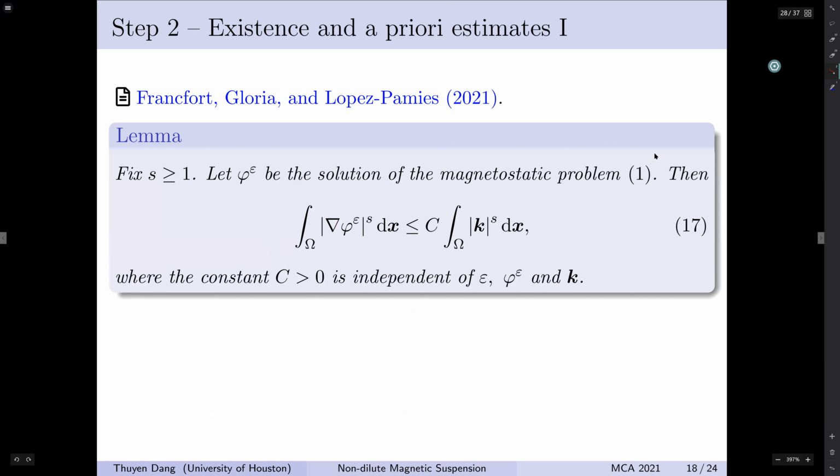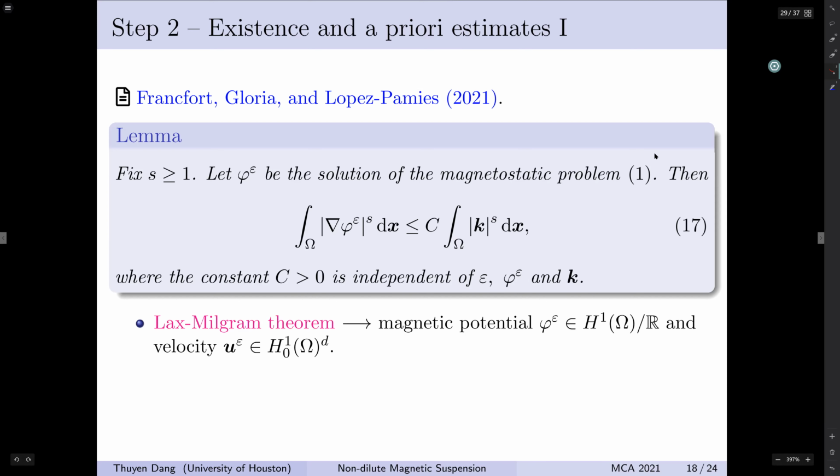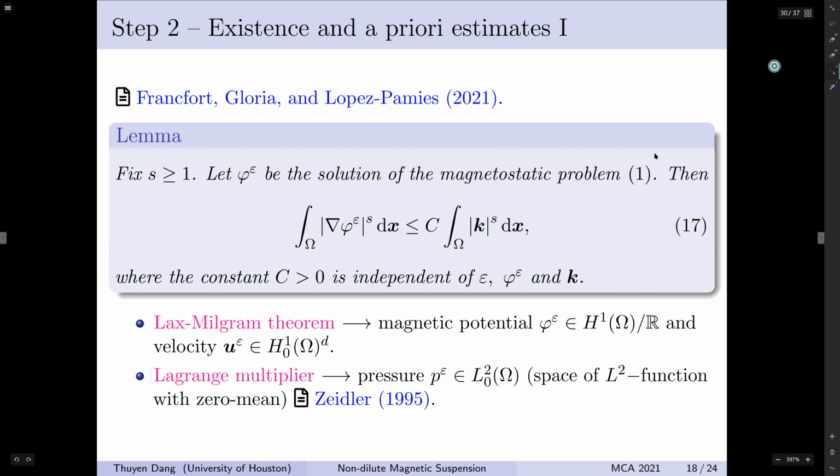Basically, this lemma says that the gradient of phi epsilon is bounded by the norm of the field K. So now you can apply the last theorem. You have the existence and uniqueness of the magnetic potential phi epsilon, and also the existence and uniqueness of the velocity U epsilon.